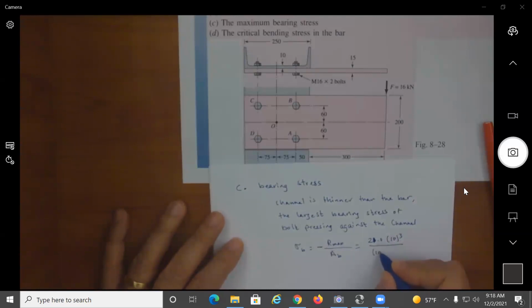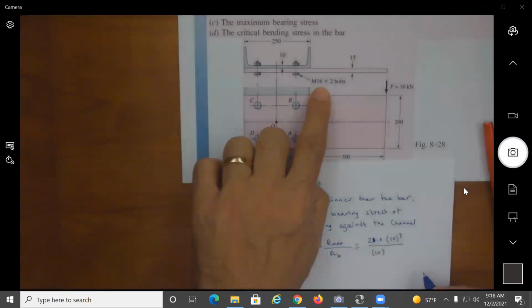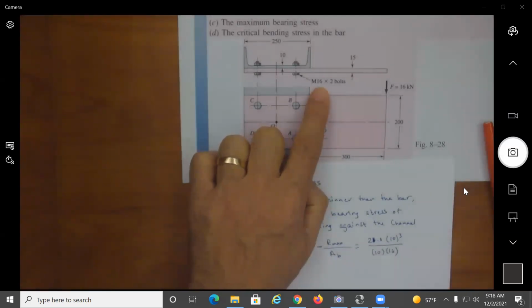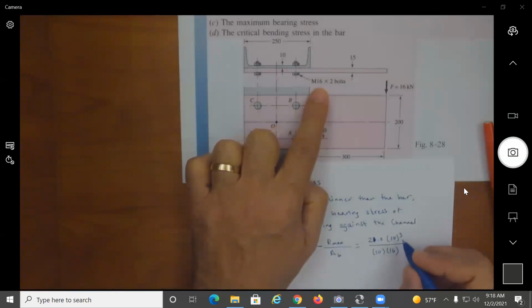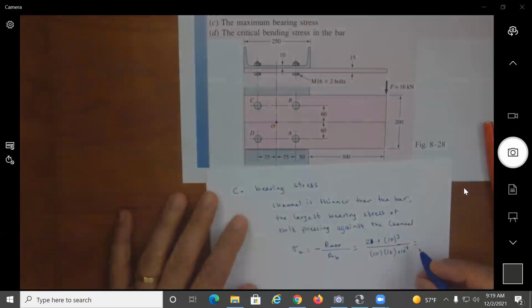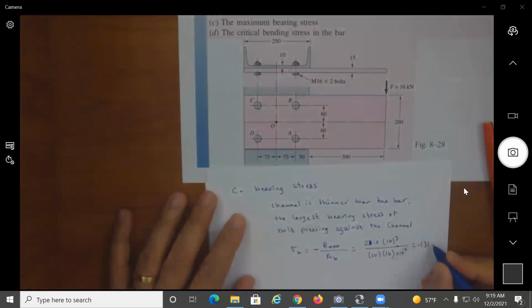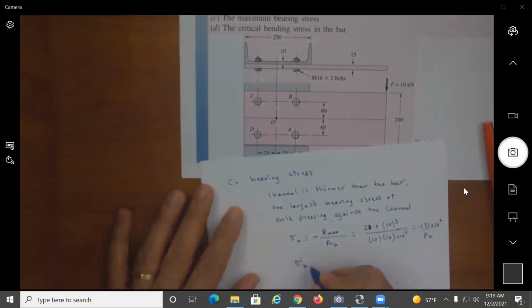It's going to be equal to this 10 millimeter multiplied by 16. So these are in millimeters, so I can do times 10 to the minus 6. And I find here this is minus 131 times 10 to the power 6 Pascal, or sigma bearing is equal to minus 131 megapascal.